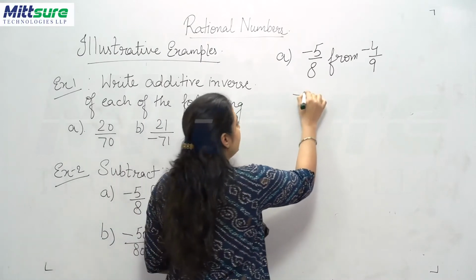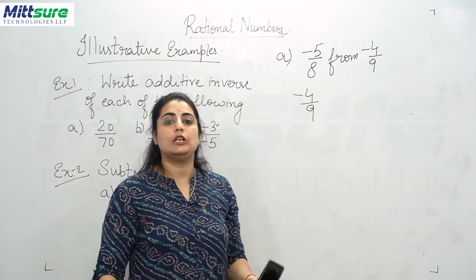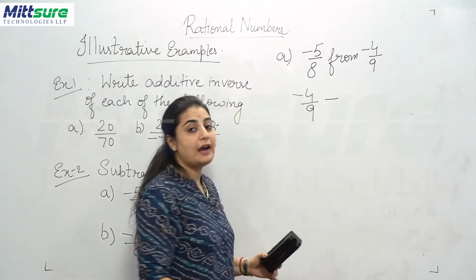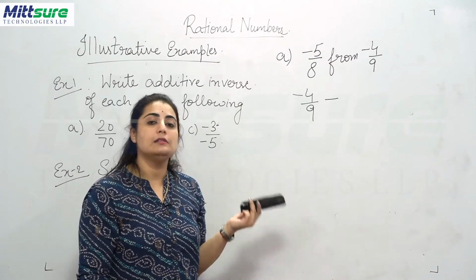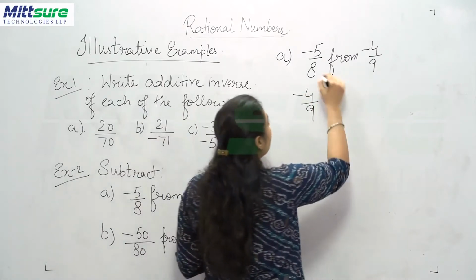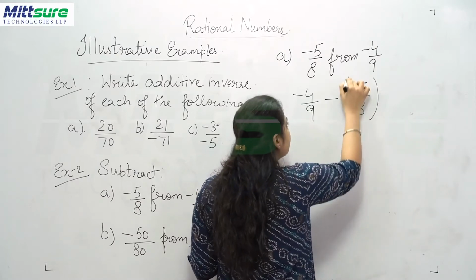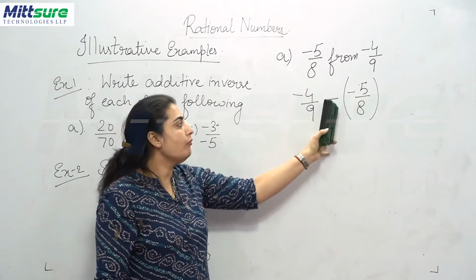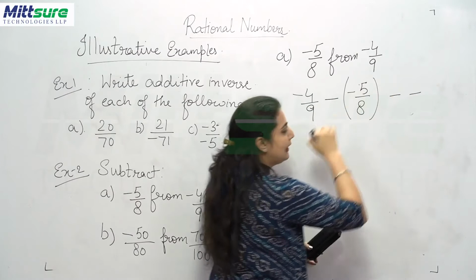So I will write minus 4 upon 9 first without any change in the sign. Now the minus sign will come. Why? Because we are subtracting the two given rational numbers. Here minus 5 upon 8. You can write this in a bracket, although the bracket is not present here, to avoid confusion, because you cannot write two signs together like this.